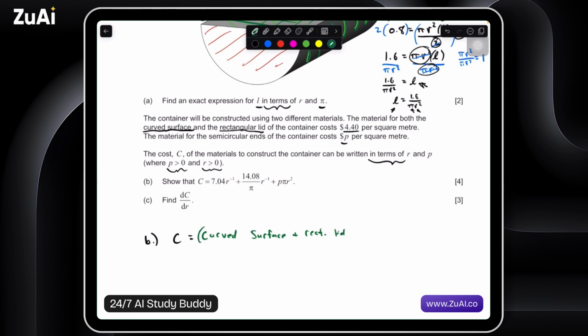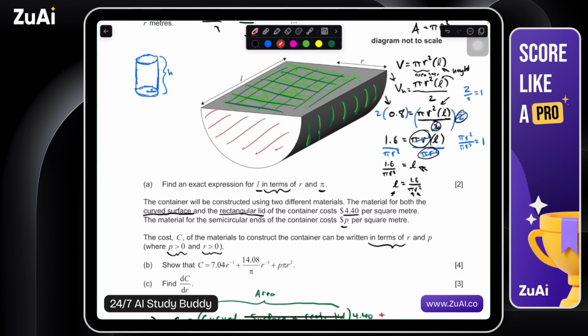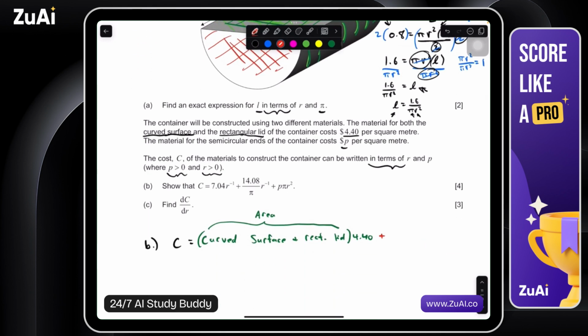So curved surface times rectangular lid times 440. So if we know the area of this, we can multiply it by 440. And it's also going to be equal to, we've got a half semicircle right here, and these are our, let's just call it, semicircular ends. I'm going to write S circular ends. And if we find the area of that, then we can multiply it by p, and that should give us our cost. Okay, so let's go ahead and work this out.